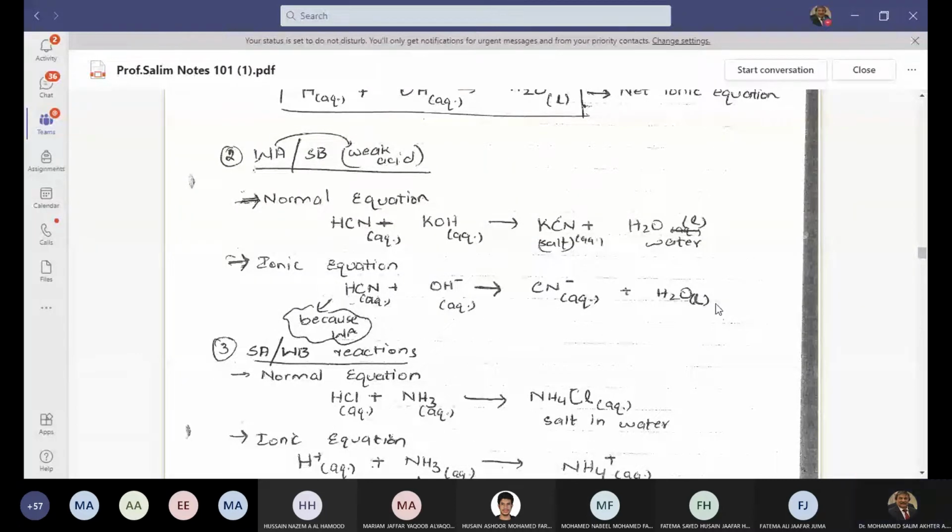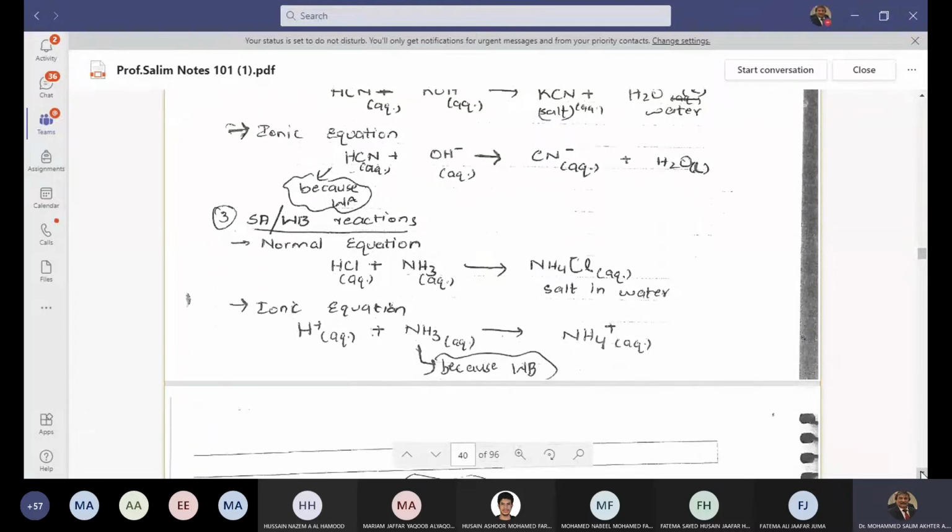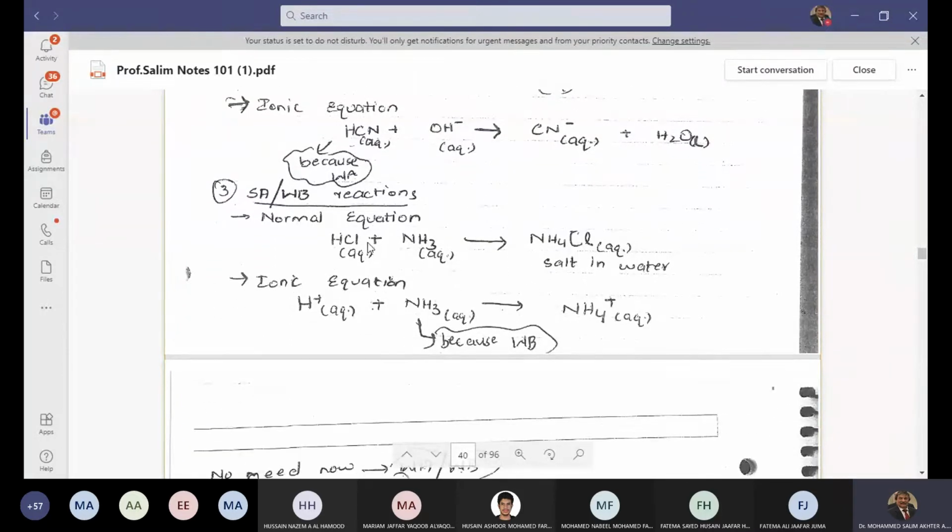Now, the third possible equation is strong acid, weak base. Normal equation: HCl aq plus ammonia aq gives product NH4Cl aq.